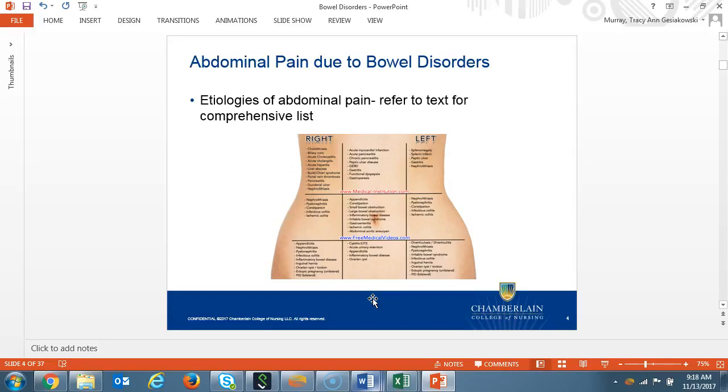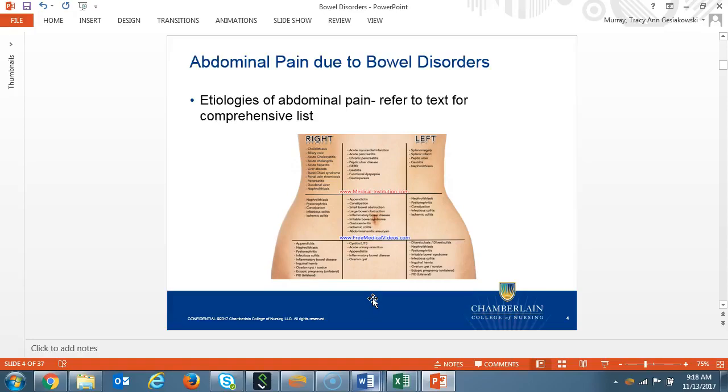So here we have a chart that looks at some of the common conditions that correlate with specific quadrants of the abdomen. Pain in the left upper quadrant of the abdomen can be caused by stomach ulcers, pancreatitis, and gastritis. Right upper quadrant pain can be caused by problems with the gallbladder, hepatitis, or pancreatitis.